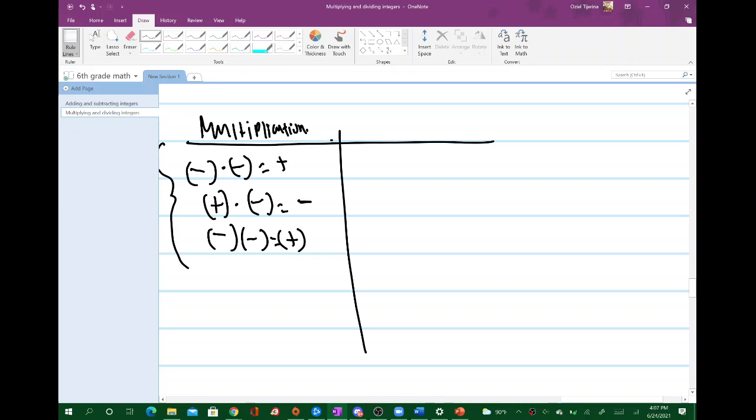And then for division, it's literally the same thing. The reason why I didn't go over division so in depth was because it's the same thing. Negative over negative is positive.